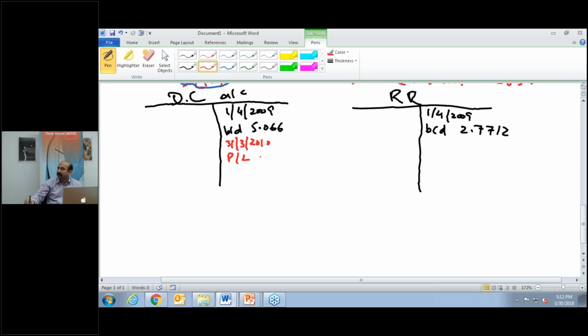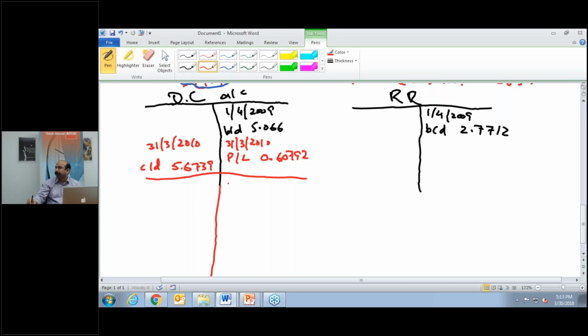So this will give us 0.60792. And we can close this year on 31st March 2010, and this will give us 5.066 plus 0.60792, which is 5.6739. So now I'm doing it separately so that we could move quickly.